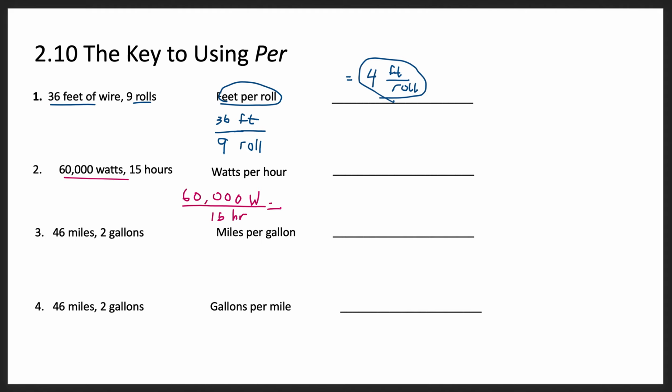So you're going to want to get your calculator, and you're going to do 60,000 divided by 15, which in this case gives us 4,000. 4,000 watts per hour. So again, that's our answer, 4,000 watts per hour. I'm going to write it in my line.